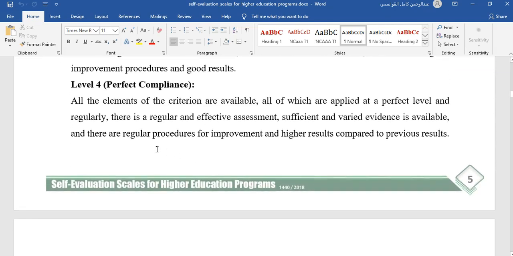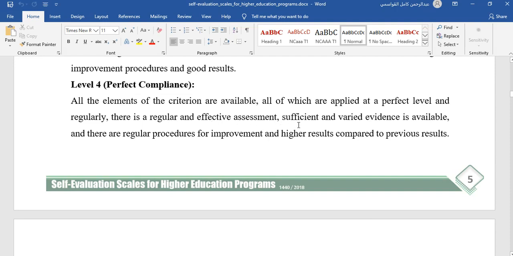Level 4, perfect compliance. All the elements of the criterion are available. They are applied at a perfect level, in a regular manner, and you use an effective assessment.